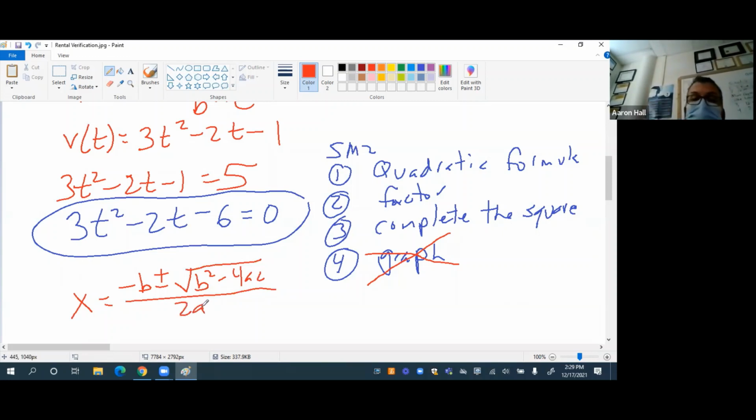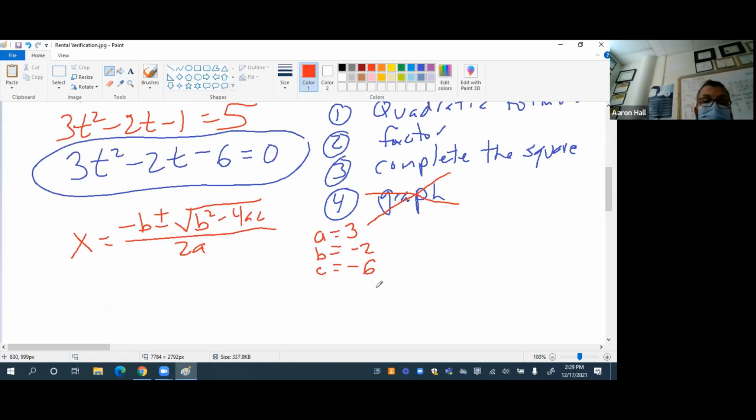Now the quadratic formula only works if we can identify correctly what our ABC values are. What are the ABC values? Yep, and we're going to take those values and plug them in.